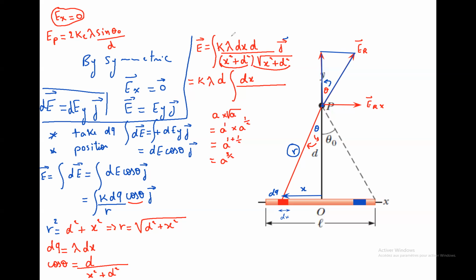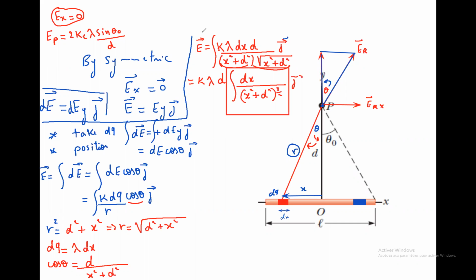So we can write here equal a equal x square plus d square power 3 over 2. Listen, this integral, I give you its solution. You don't need to calculate its value, okay?